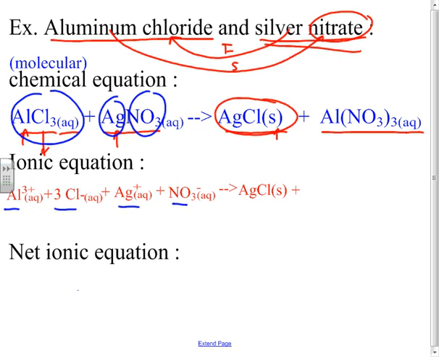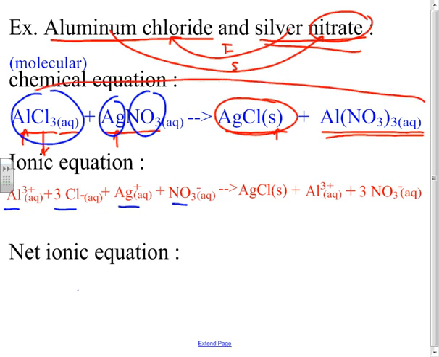Remember, it's insoluble. Insoluble compounds do not dissociate into solution, so it stays as the solid. And aluminum nitrate is soluble, so it will dissociate into an aluminum ion and 3 nitrate ions. Note, this is not a balanced chemical equation. We're not going to balance them at this point. We will do that later on. I'm just rewriting this entire equation to represent it as it truly is in solution with all the soluble ionic compounds dissociated.